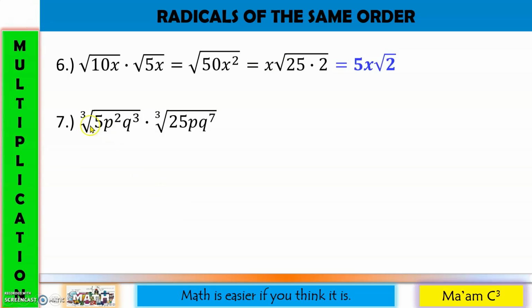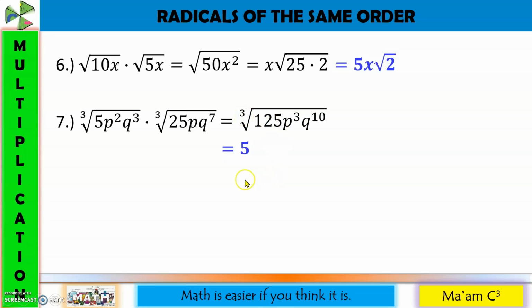Number 7, 5 times 25 is 125. 2 plus 1 is 3, so we have p cubed. 3 plus 7 is 10, so we have q to the 10. Cube root of 125 is 5. 3 divided by 3 is 1.